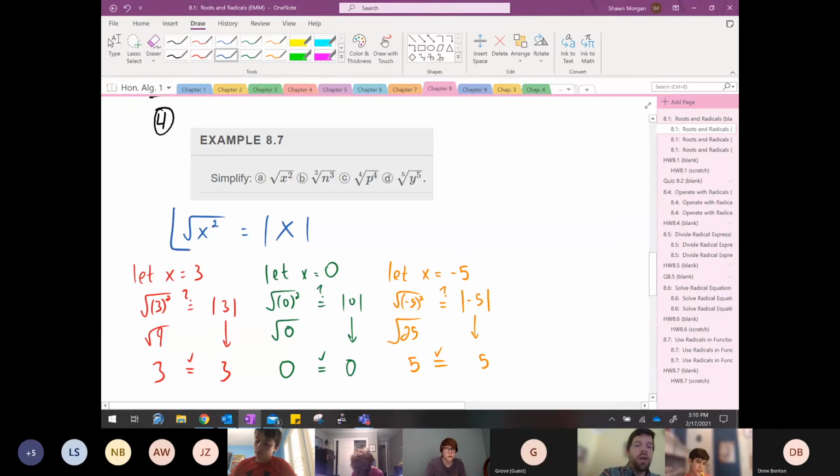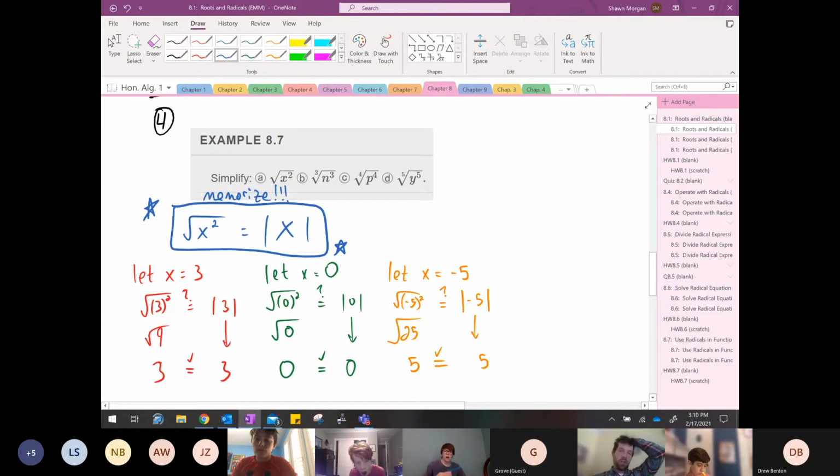Okay, so just as an exercise, what we've done is we've sort of gone through and shown the following definition. I'm going to put some stars around it. I'm going to say, hey, man, memorize this little fact as soon as humanly possible, that the square root of x squared equals the absolute value of x.